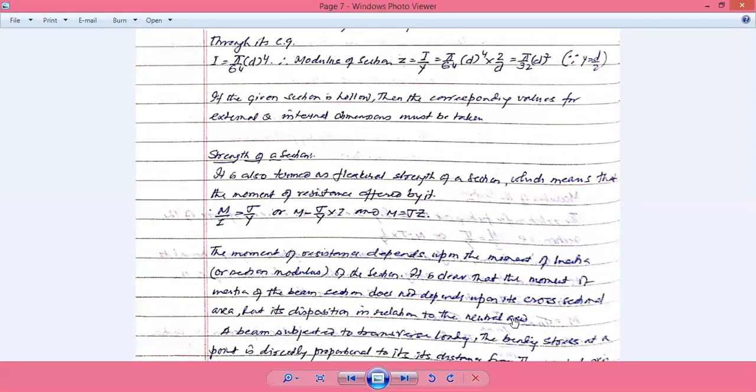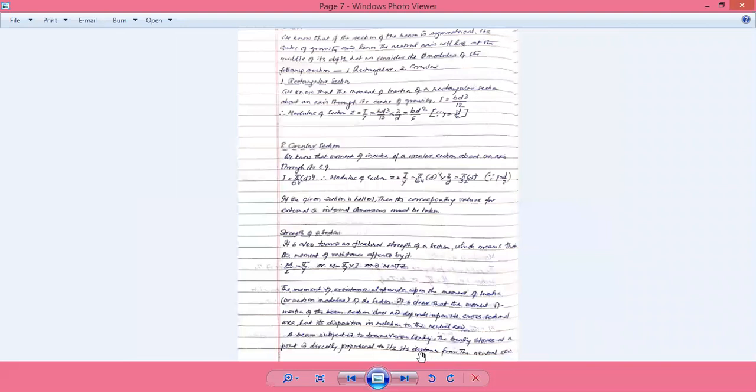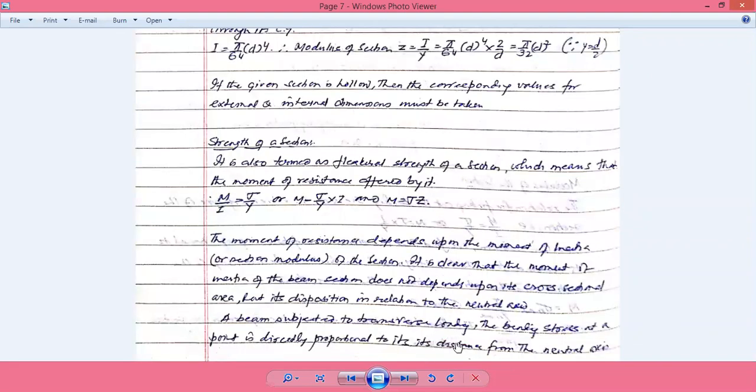So it is very clear, whatever the cross-sectional area, round or square or otherwise, the moment of inertia of the section depends entirely on its relation with the neutral axis, that is, the distance from the neutral axis to the center of gravity. When a beam is subjected to transverse loading, the stress at a point is directly proportional to its distance from the neutral axis itself.